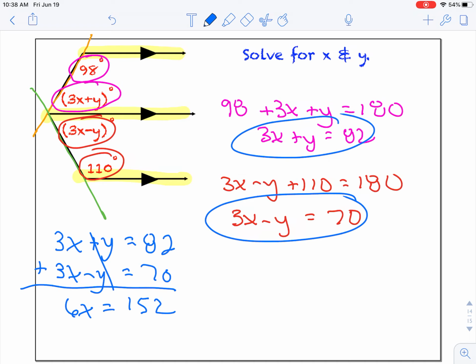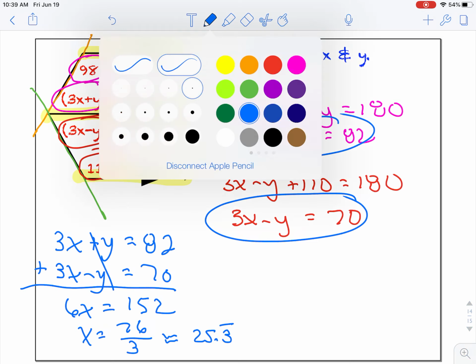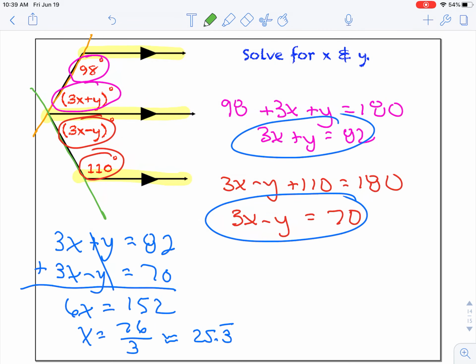And it looks like my math is right, so 25.3 repeating, or as a fraction, that gives me the fraction 76 thirds. So x is equal to 76 thirds, or approximately 25.3 repeating. Well, that's the exact answer actually with the repeating piece.